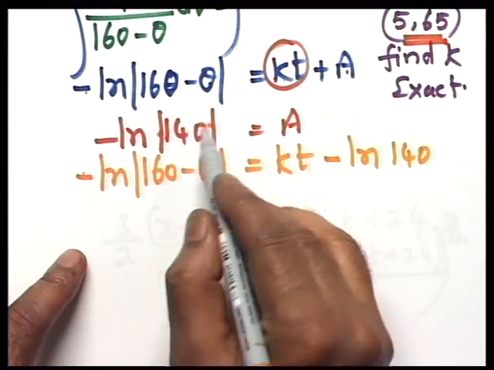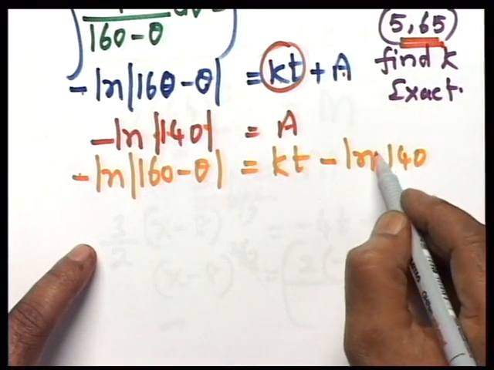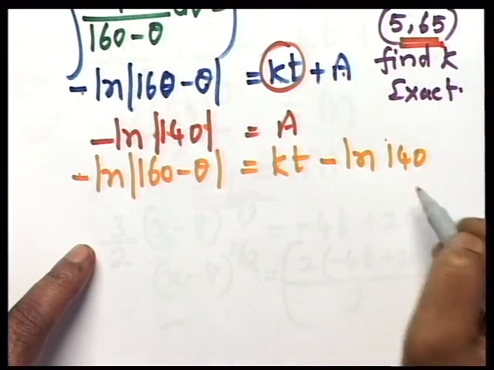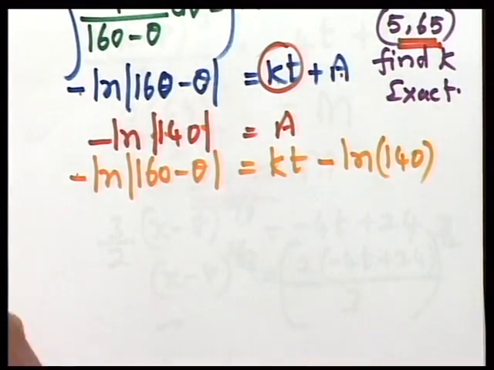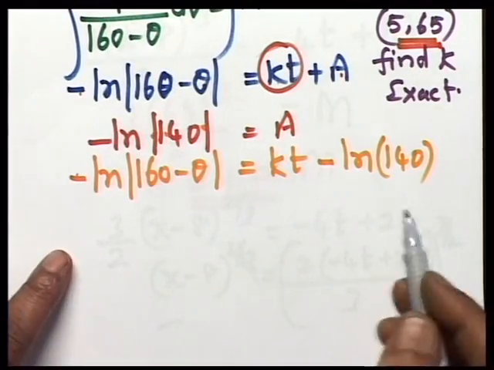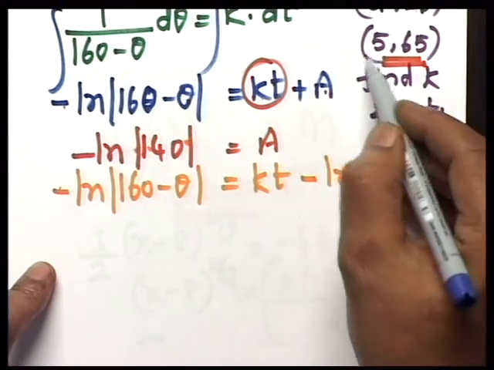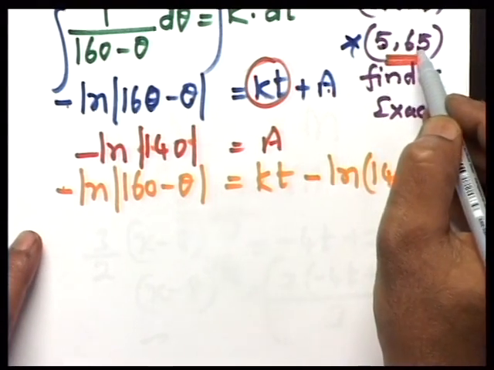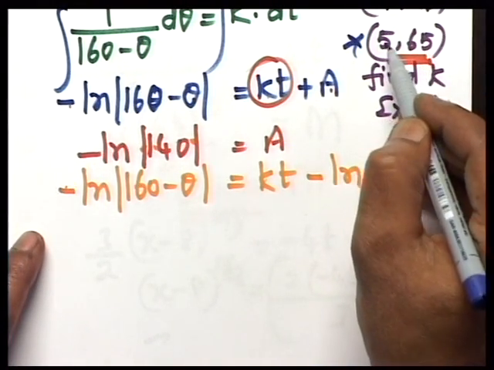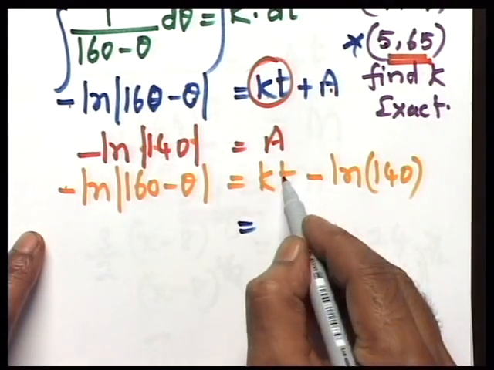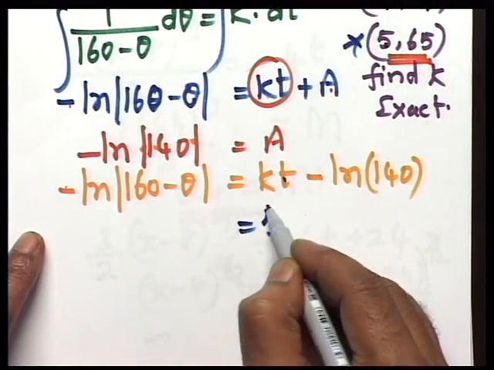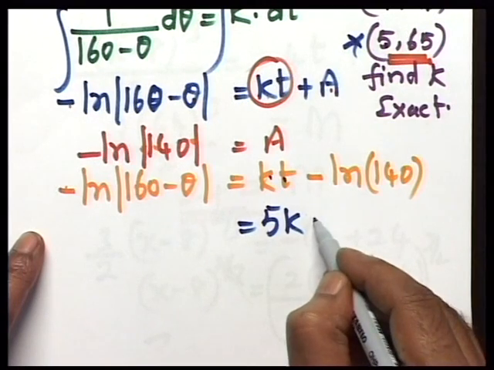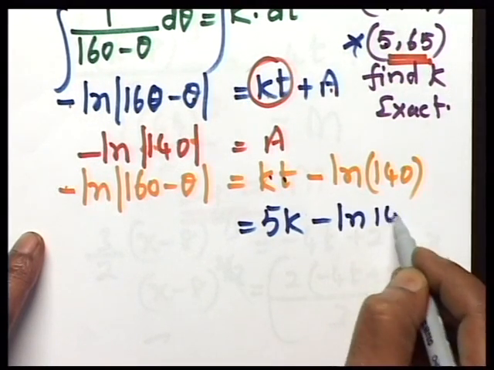We don't need a modulus sign for that because it's a lovely number, ln 140. You can just use a bracket if you want. Now, the second condition I know is here, tiny, small there, watch, 5 and 65. So t is 5. So I will write there t is 5. So it's 5k minus ln 140.